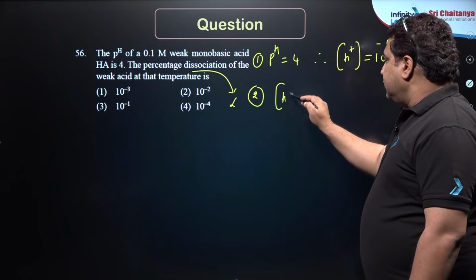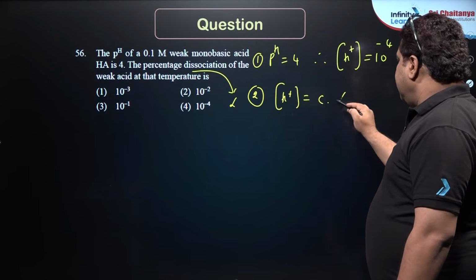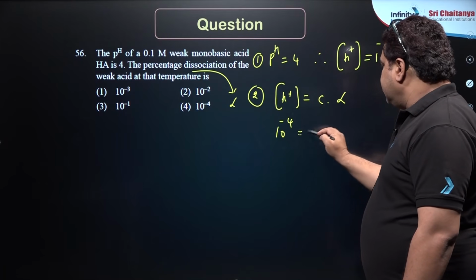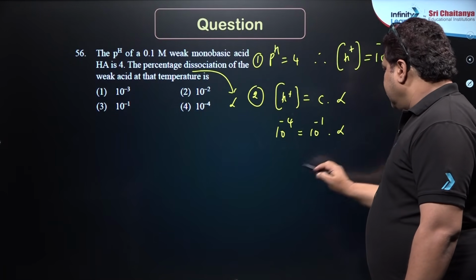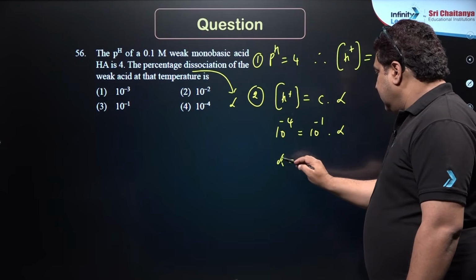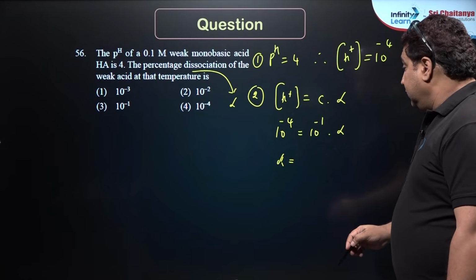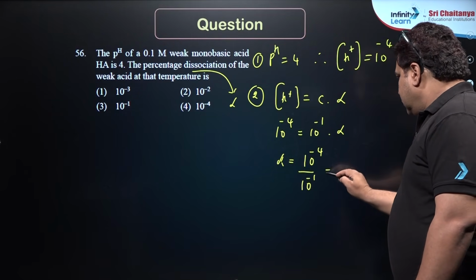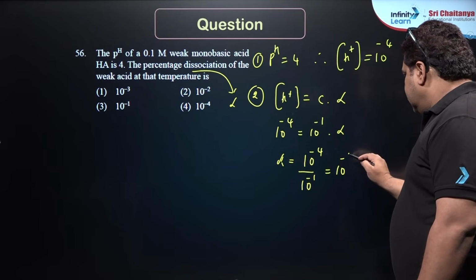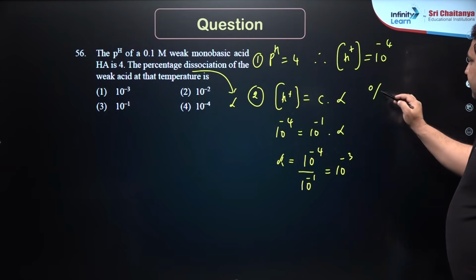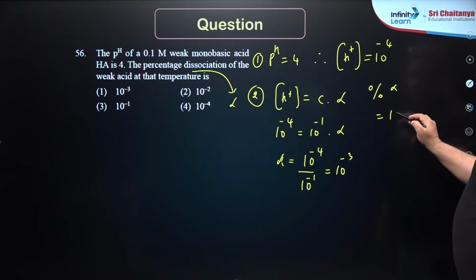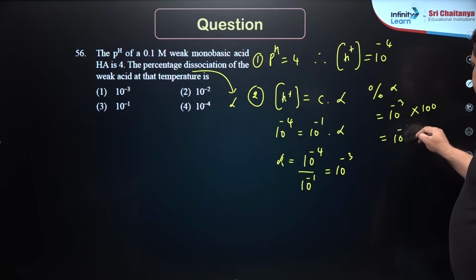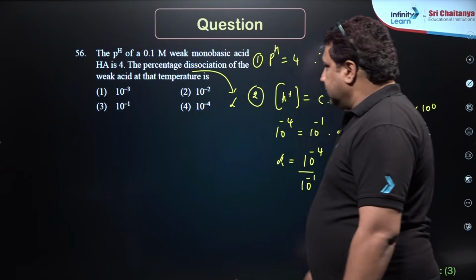We know that H plus concentration is equal to C alpha. Now H plus concentration is nothing but C, which is 10 power minus 1, into alpha. So alpha is 10 power minus 4 by 10 power minus 1, so this is 10 power minus 3. Now percentage of alpha means 10 power minus 3 multiplied by 100. So 10 power minus 1 will be your answer.